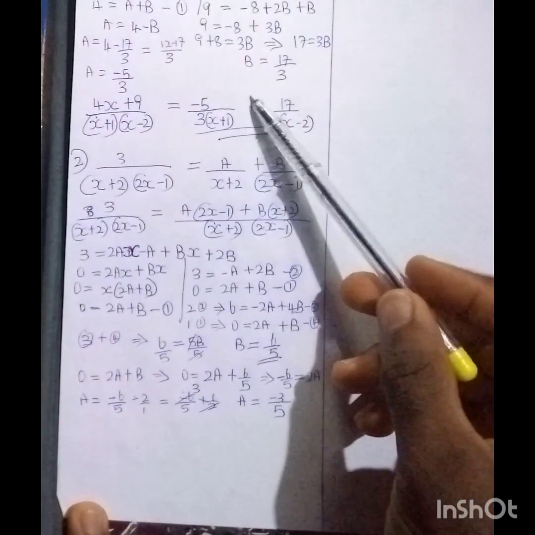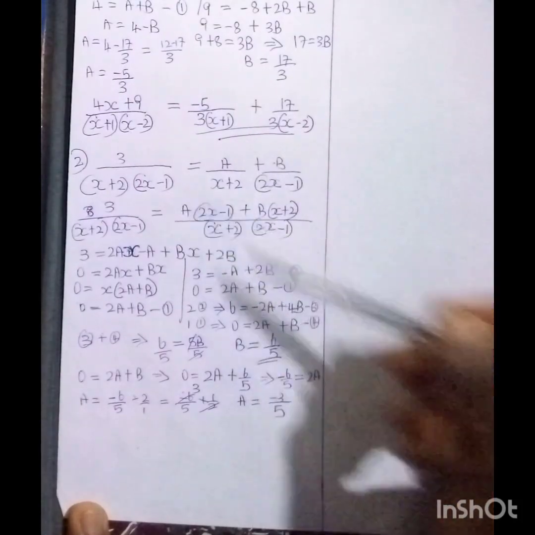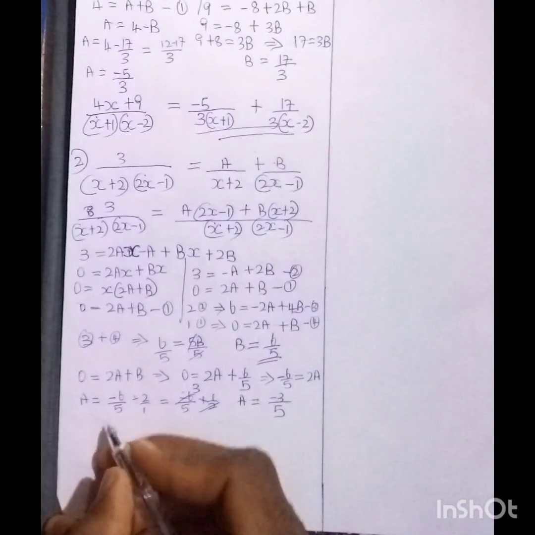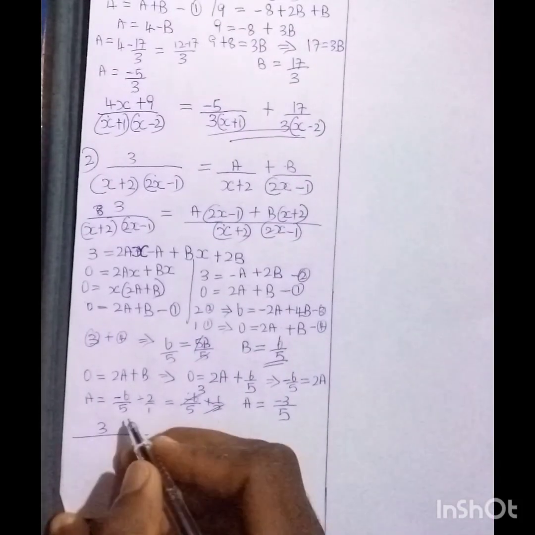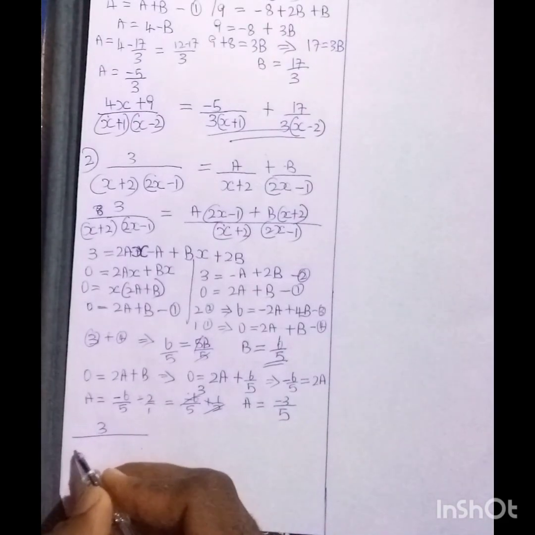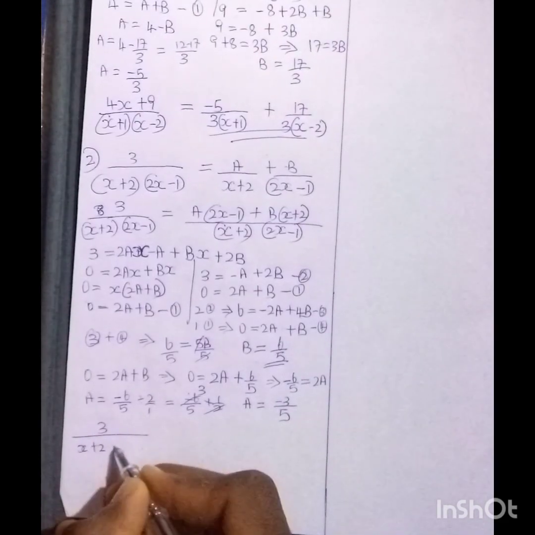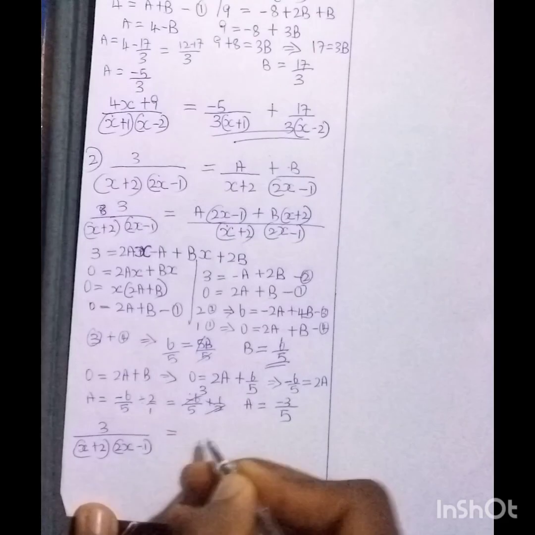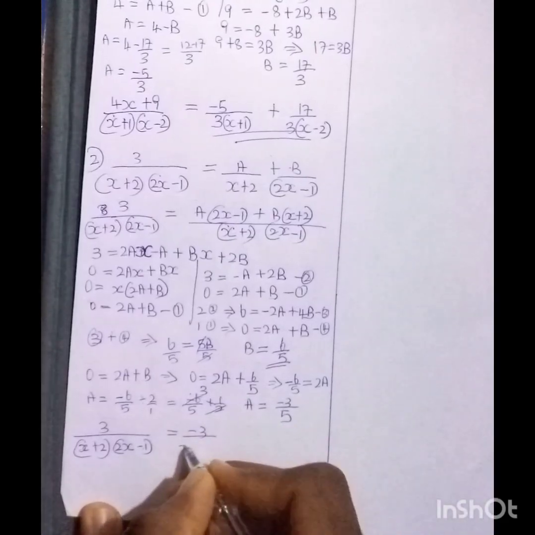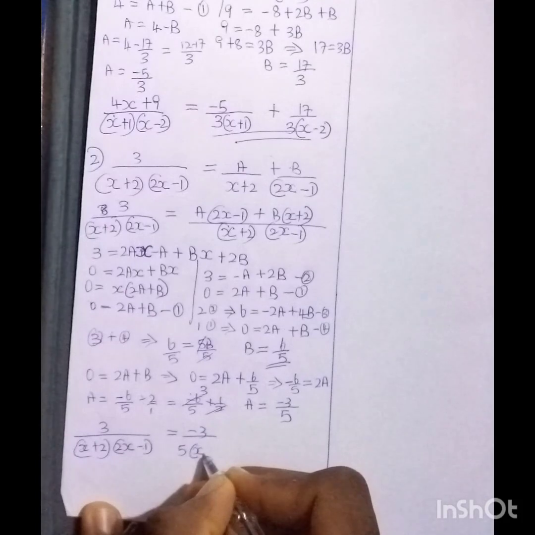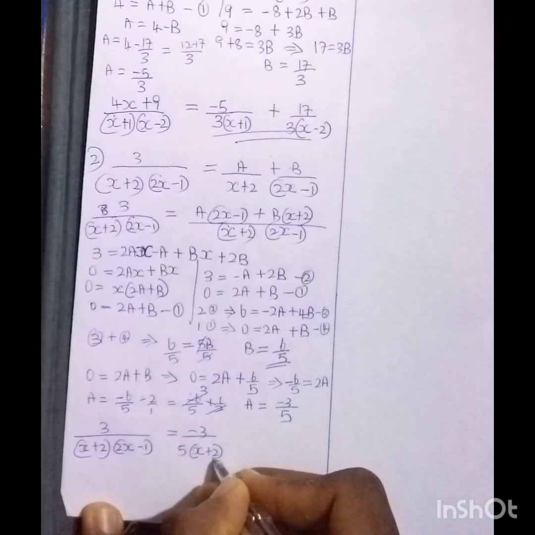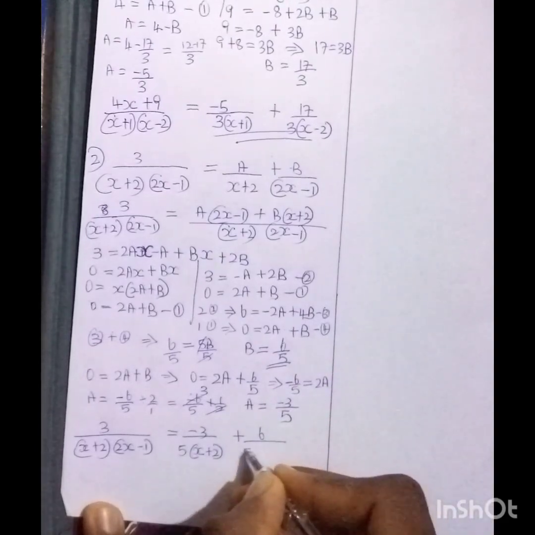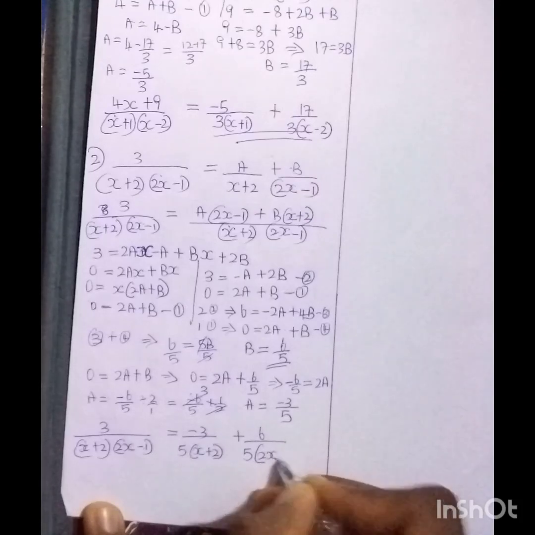Wherever we see a, we put minus 3 over 5. Wherever we see b, we put 6 over 5. Then 3 over x plus 2, 2x minus 1 is equal to a, which is minus 3 over 5, x plus 2, plus our b, which is 6 over 5, 2x minus 1.